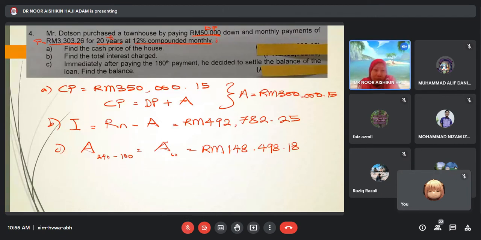Itu kalau you kumpul duit, duit terkumpul. So amount terkumpul is S. Amount yang you perlu settlekan balik, you bayar balik, that is A. A duduk dekat 0, belah kiri. S duduk dekat N, belah kanan. So kalau you gunakan timeline dan you buat arrow macam saya tunjuk tadi, if your arrows move to the right, maknanya you amount terkumpul.